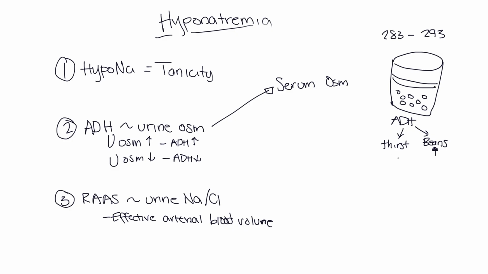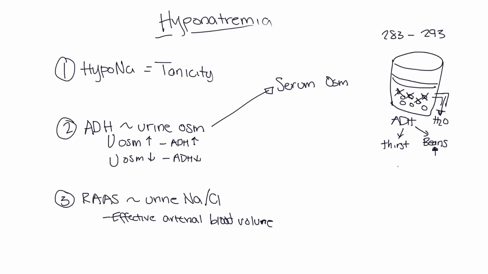But on the flip side, if our urine osmoles were to suddenly decrease, say we're not eating very well or we're peeing out these osmoles really rapidly, and the concentration of our serum osmoles is decreasing, well then the body's job is then to, like the bucket, pee out water, just pure water.